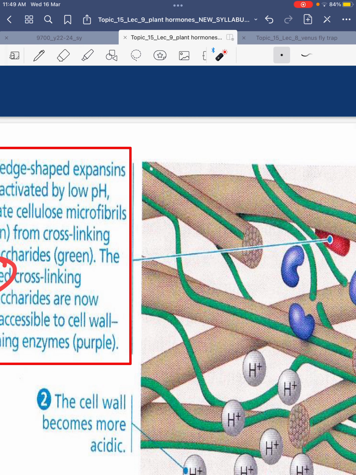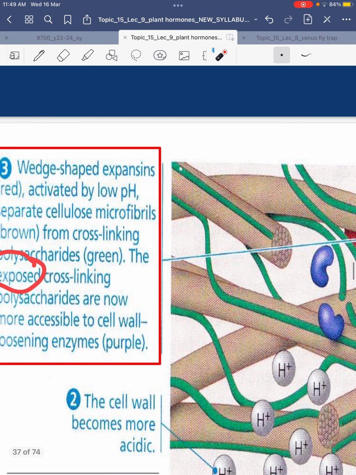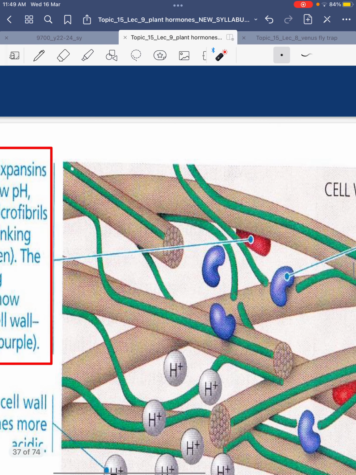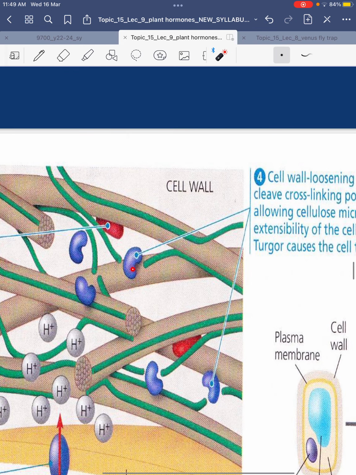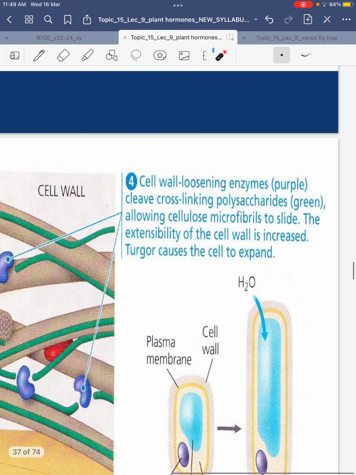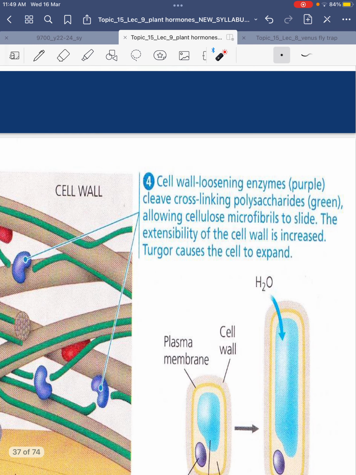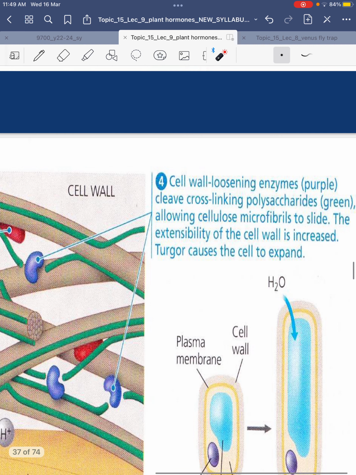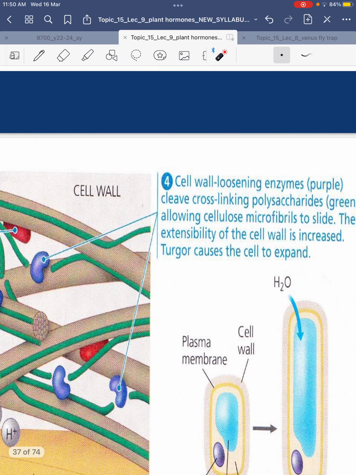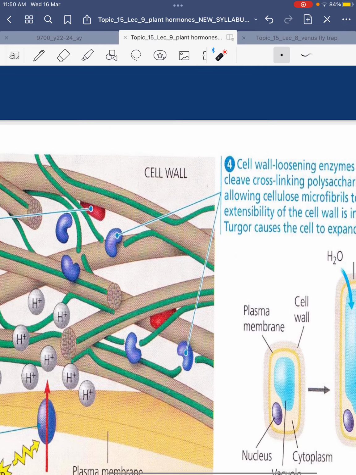But because the expansin is activated by the low pH, the gap is now widened up, and therefore it exposes the crosslink. So when the crosslink is exposed, now the enzyme here can cut. You see here the cellulose loosening enzyme, purple, cleaves or cuts the crosslink, allowing cellulose microfibrils to slide. The extensibility of the cell is increased. Trigger causes the cell to expand.